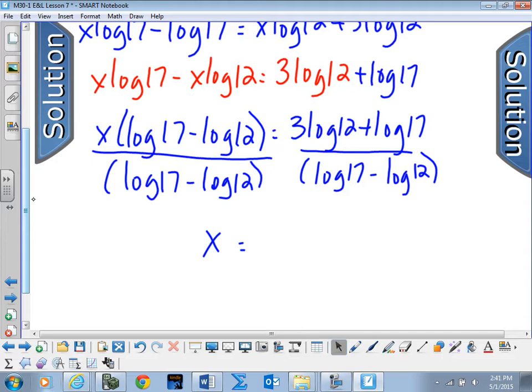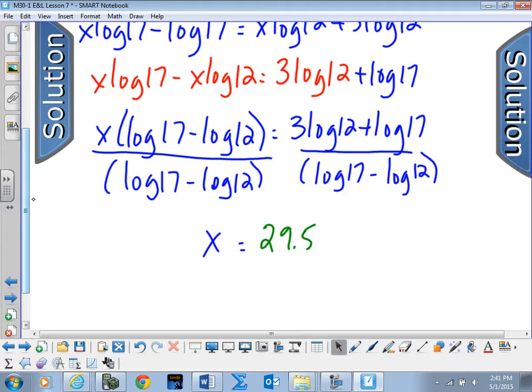So that's my numerator. Divide by bracket log 17 close bracket minus log 12, double close bracket, enter. Now I'm getting 29.5, and that's how I've entered it.